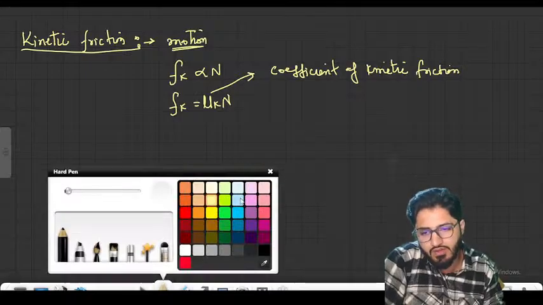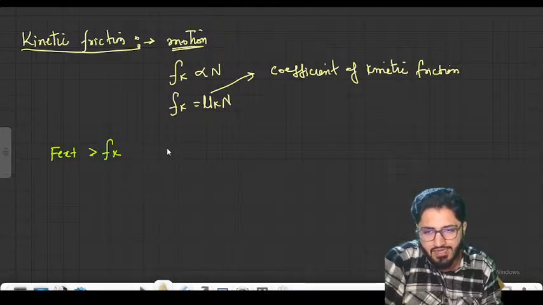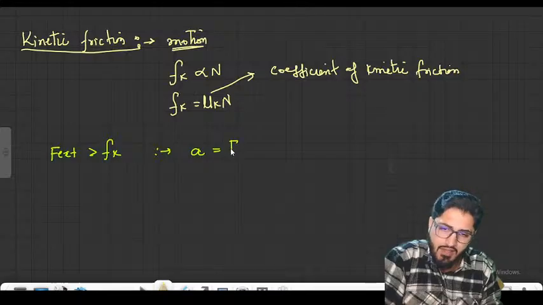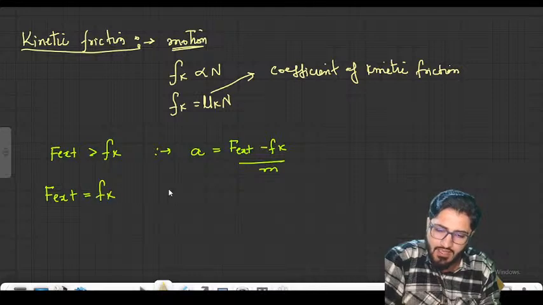And one more thing. Look now. If my force is more than kinetic friction, then I can write my acceleration is F external minus Fk divided by m. Second point, if my F external is equal to Fk, so acceleration will be 0.